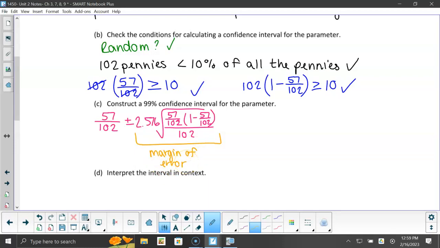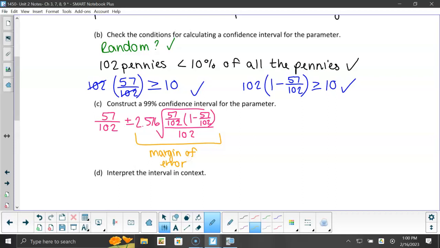Okay? So I have to add my margin of error to get my upper level. I have to subtract it to get my lower level. Well, if I'm upping my confidence, I'm narrowing that focus. Yes? Yes. All right. They told us they wanted a 99% confidence level.